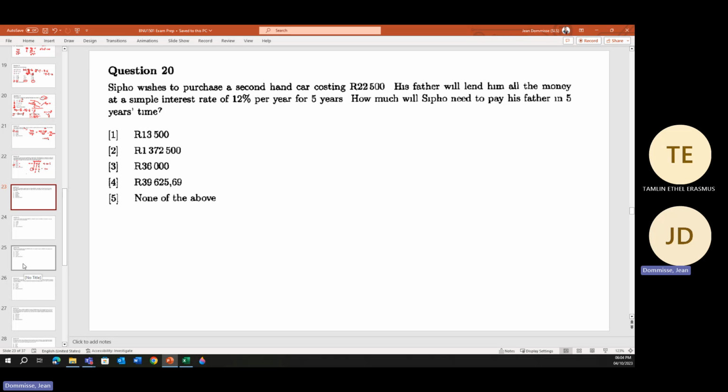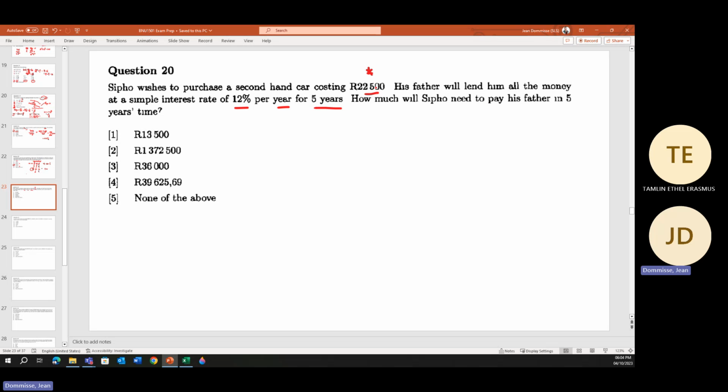So let's look at the following information. Sipo wishes to purchase a second-hand car costing 22,500. His father will lend him all the money at a simple interest rate of 12% per year for 5 years. How much will Sipo need to pay his father in 5 years' time? Okay, he's borrowing 22,500.